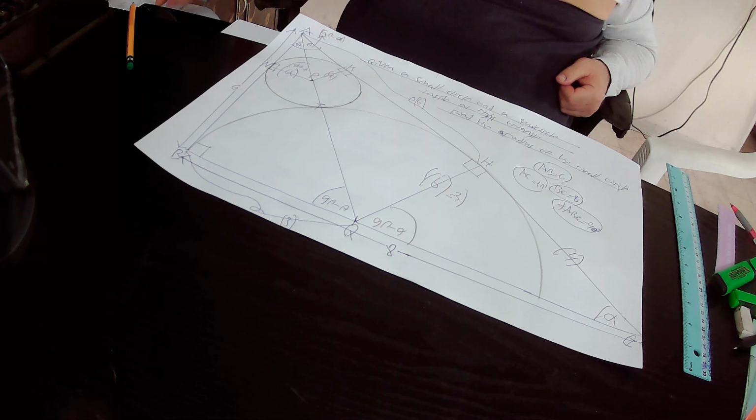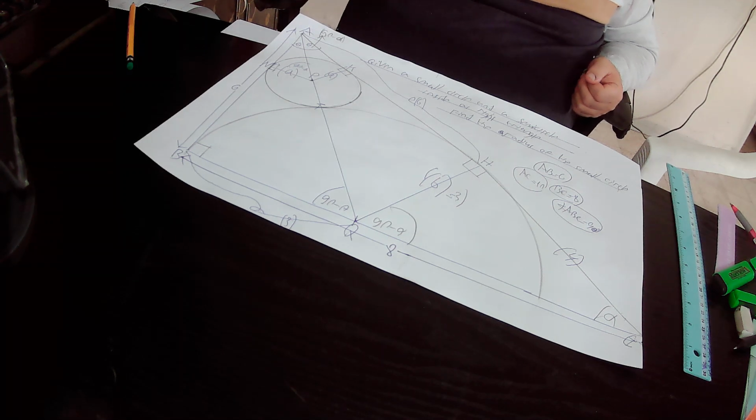And from the fact that the right big triangle ABQ is similar to the right small triangle ANP, we will derive that the following relationship exists between their sides.